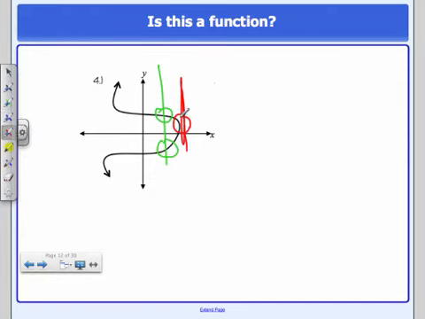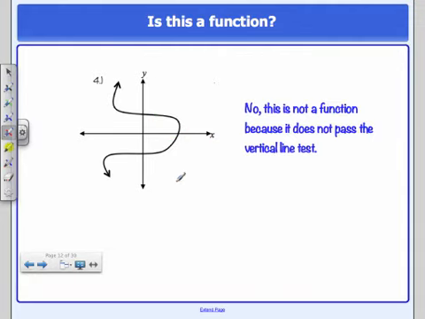This still makes it not a function because I found at least one line that passes through the graph in more than 1 point. So I'm going to say, no, this is not a function because it does not pass the vertical line test. If you could try 5 and 6 on your own and then compare your answers with mine, that would be wonderful.